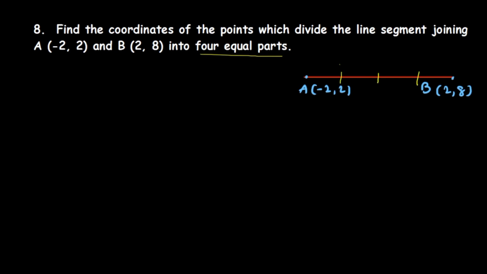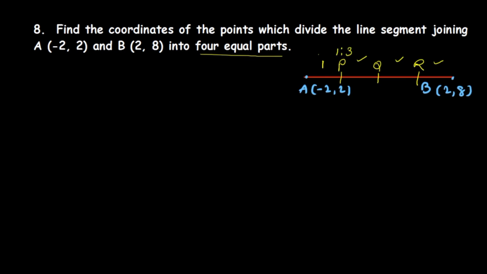So these 3 points I'm going to name P, Q, R, and P, Q, R are dividing the line segment AB into 4 equal parts. So what about this part here? On this side we have 1 and here we have 1, 2, 3 equal parts. That means P is dividing in the ratio 1:3.